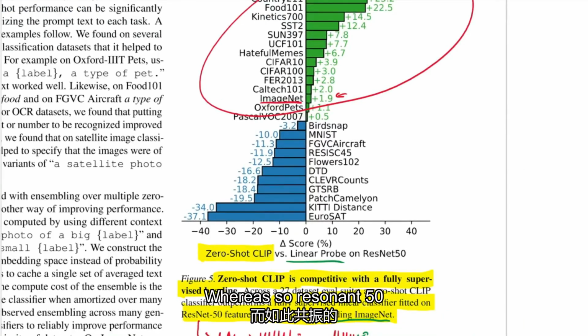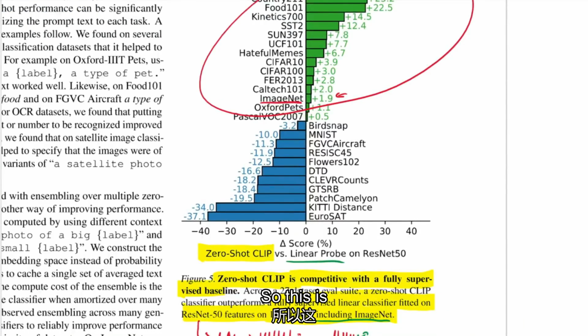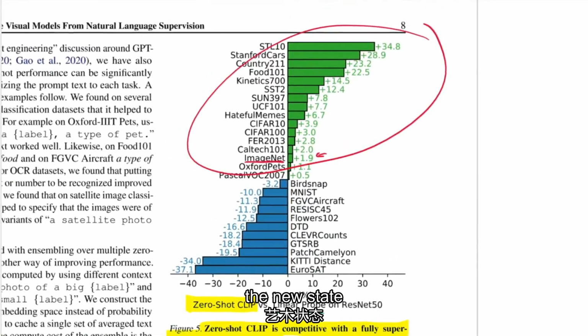Whereas ResNet 50 is still better in various other tasks. So this is not to say that this is the new state of the art or anything, except in STL10, where it actually appears to be the new state of the art against all the previous methods, including all the supervised ones.